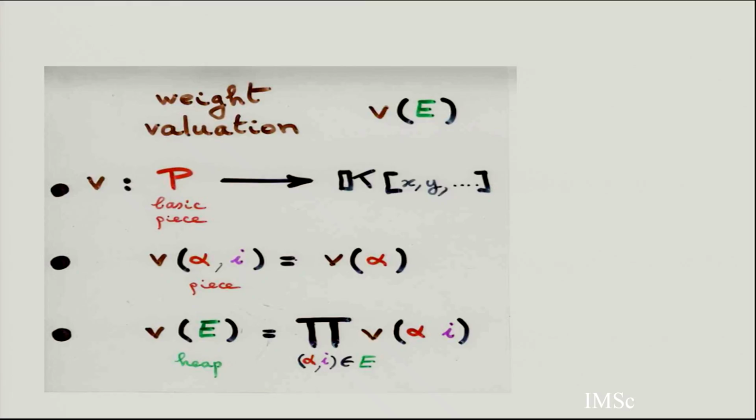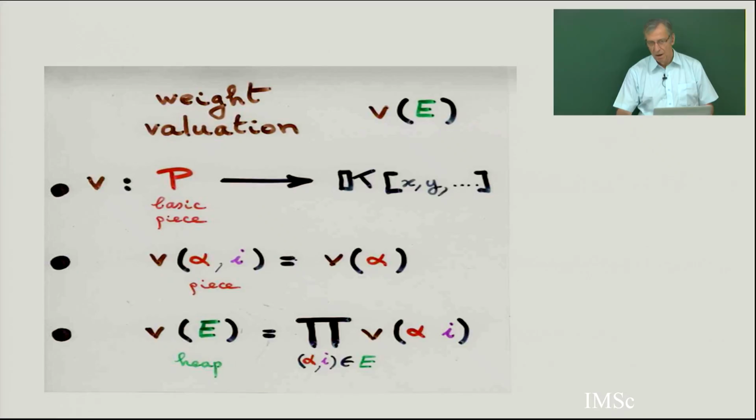We remember we define the weight of a heap by a map, which is called weight evaluation, sending the basic pieces to a ring of polynomials in variables x, y, z, etc., with integer coefficients or coefficients in a ring k. So a weight is typically a monomial, like a, q, t to the power i, or anything like this.